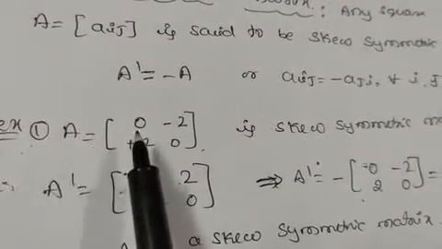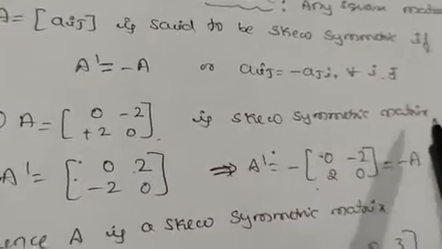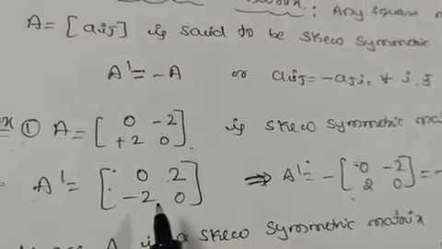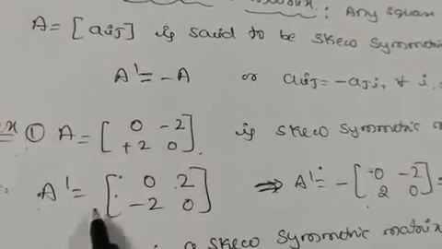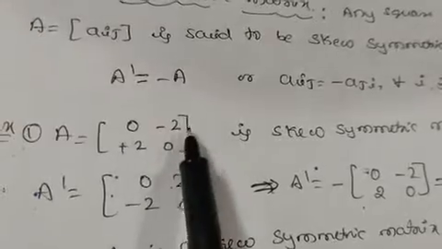Let us take one example here. If matrix A is 0, minus 2 in the first row, and the second row is 2, 0, it is a skew symmetric matrix. Let us see how we can say that it is a skew symmetric matrix. For that, first you have to find its transpose. A dash is equal to, transpose means you just interchange rows and columns.